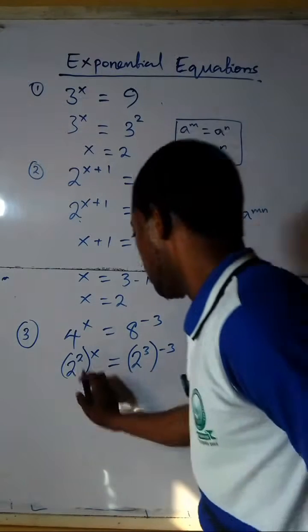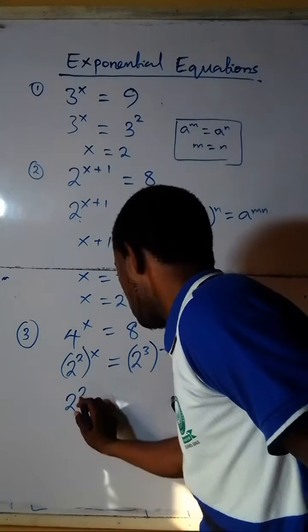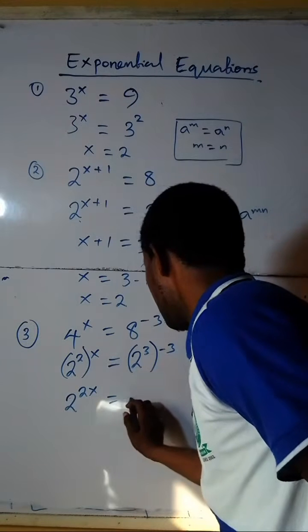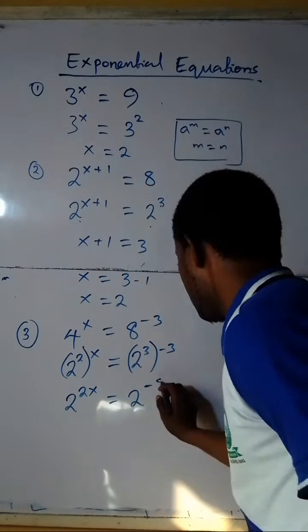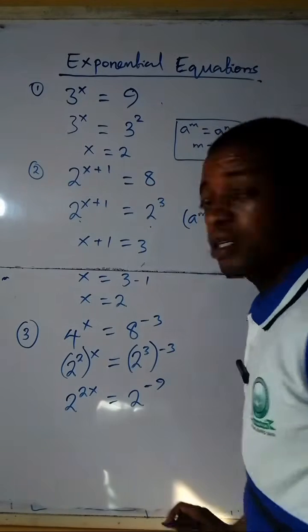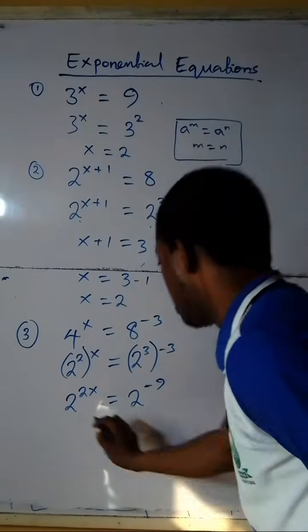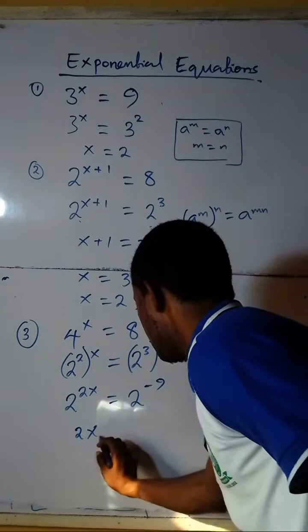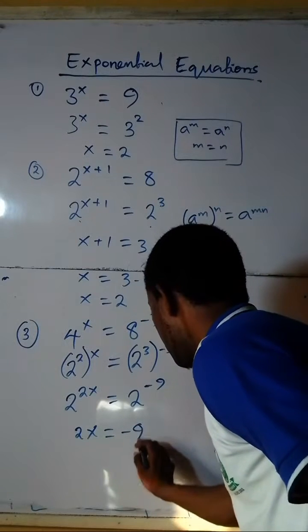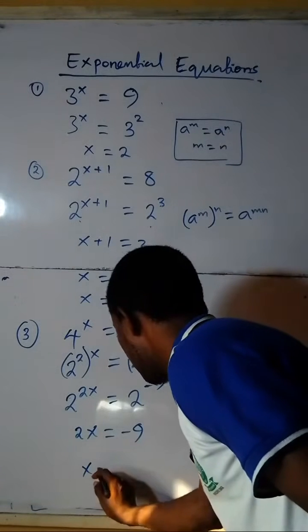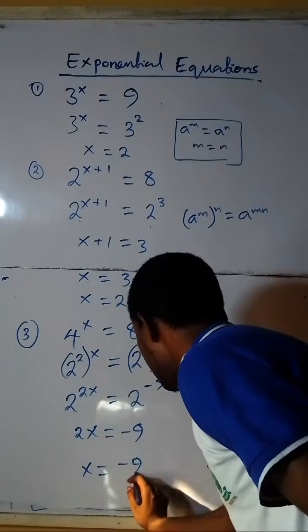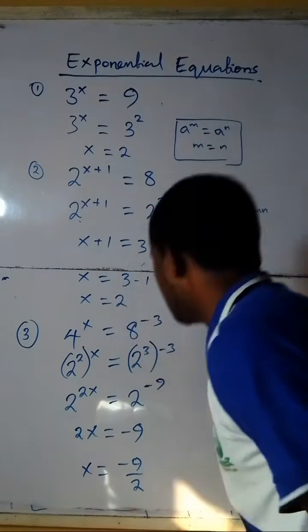Then here, this power multiplies, we have 2 raised to power 2x, then equals to 2 raised to power minus 3 times 3, that gives us minus 9. Then we equate the power as well, and we have 2x equals to minus 9. So to get x here, we divide both sides by 2, and we have x equals to minus 9 over 2.